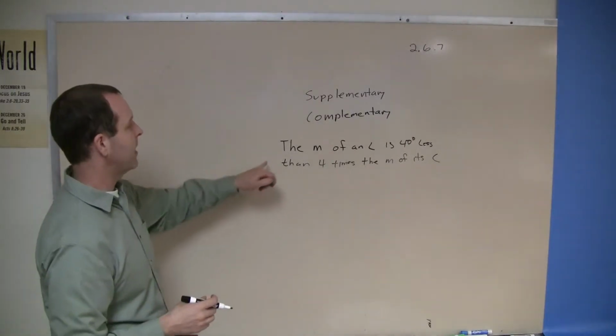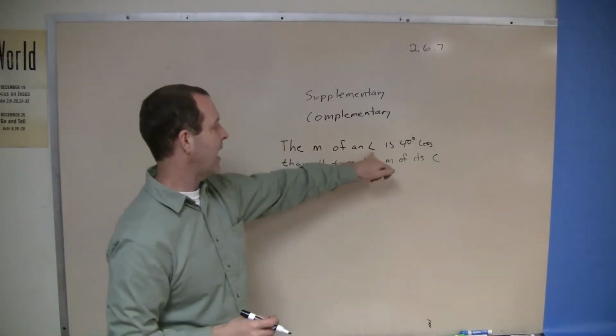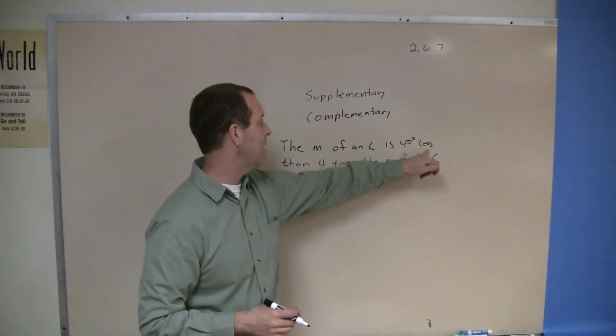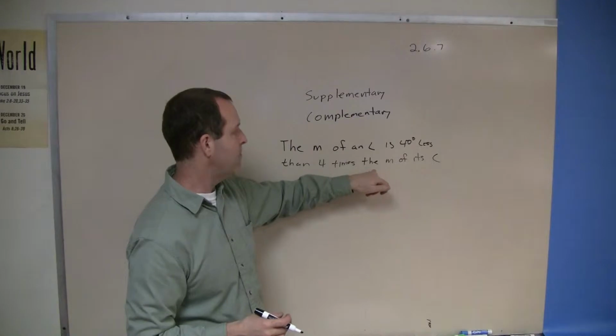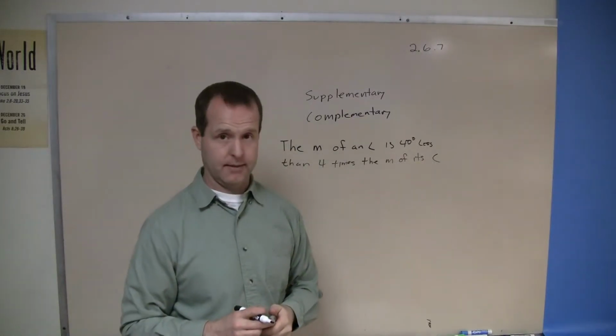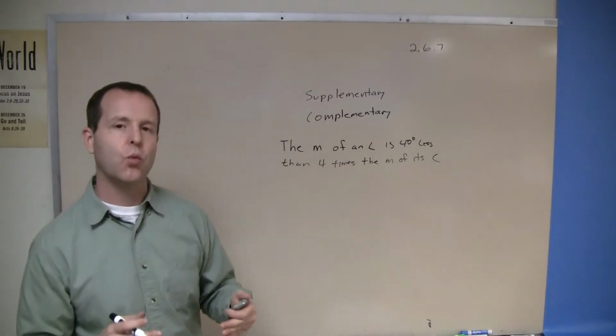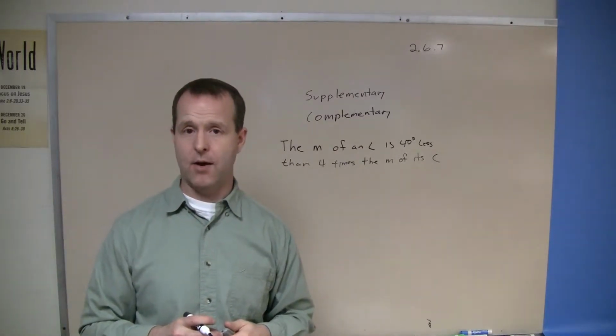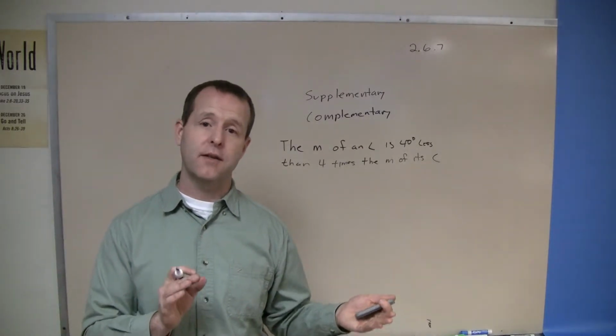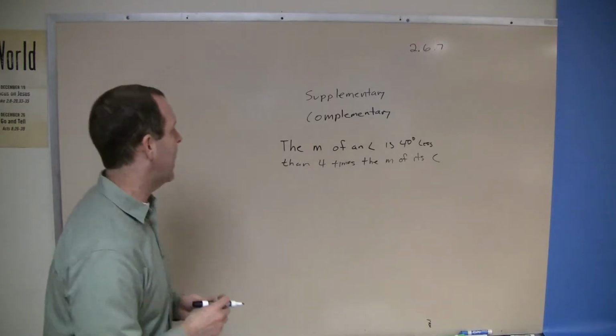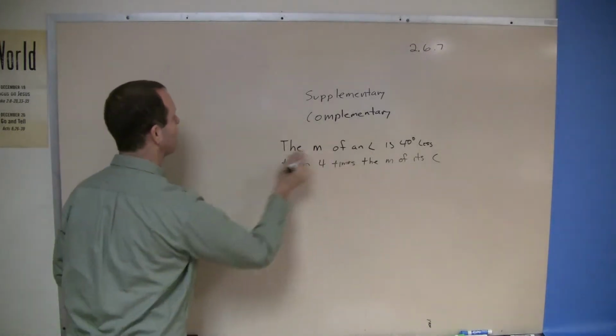So I have a question right here. The measure of an angle is 40 degrees less than 4 times the measure of its complement. As always, I want to determine what it is that I know the least amount about. I know nothing about the angle. It's x. So I have the measure of an angle.